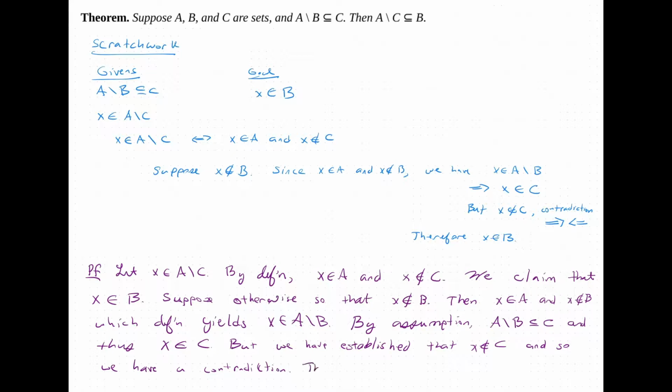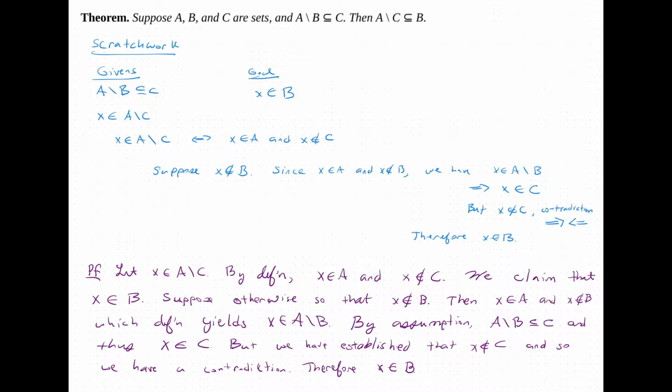So therefore, X is in B. That's how we used the contradiction aspect: by assuming that X was not in B and getting a contradiction, now we have X in B, and we return back to the proof.